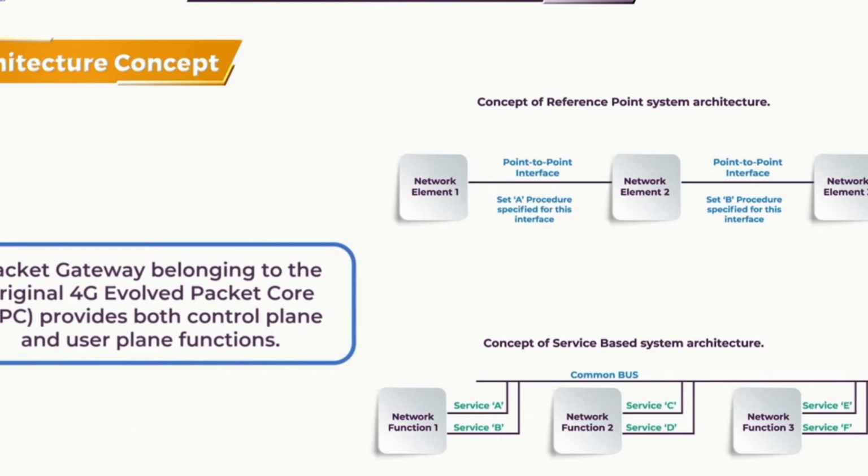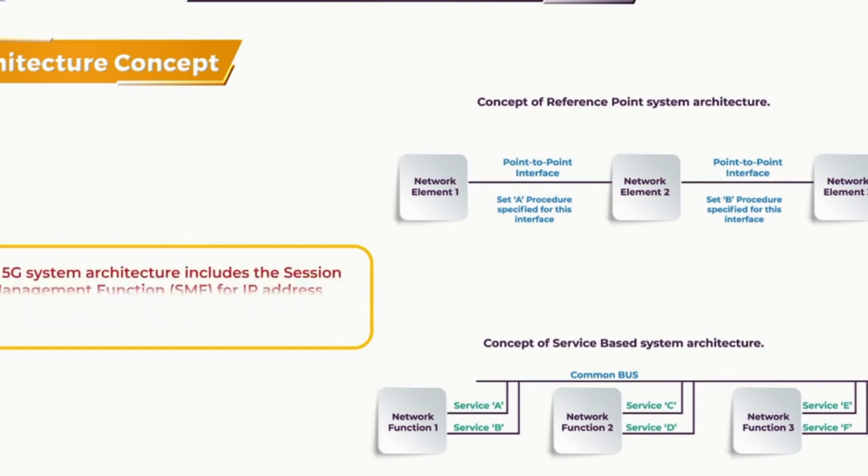For example, it provides the control plane function of IP address allocation and it provides the user plane function of packet forwarding. The 5G system architecture includes the session management function, SMF, for IP address allocation and the user plane function, UPF, for packet forwarding, that is, control plane and user plane functions are separated.